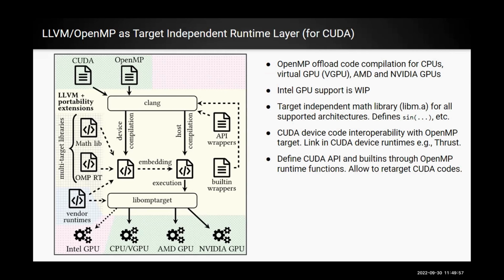Effectively, what it allows you to do is to run CUDA code on the OpenMP runtime layer and make CUDA code portable, once they translate CUDA APIs to OpenMP APIs. And once you're there, you can run them everywhere on all the platforms we support, including AMD hardware, soon Intel hardware, and the host through the virtual GPU, for example.